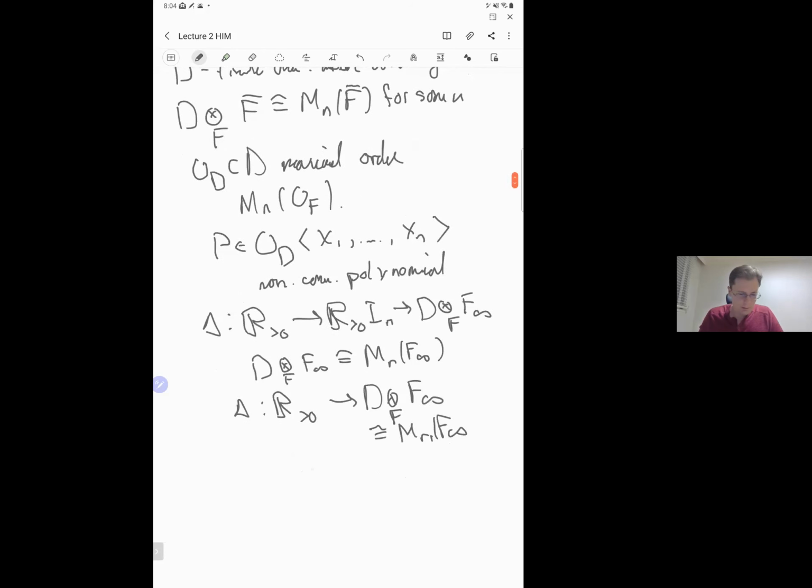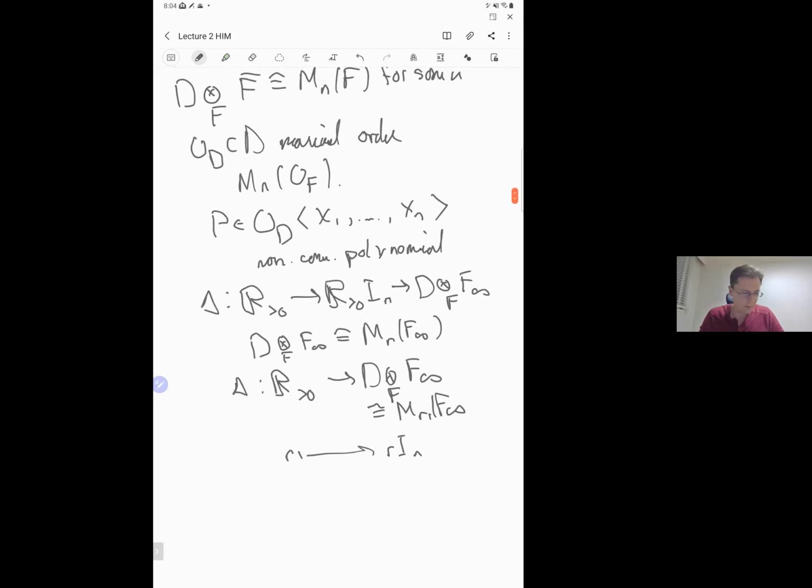It's just going to send R to R times the identity matrix embedded diagonally. So in this setting, D is F^(n^2) as a vector space over F.